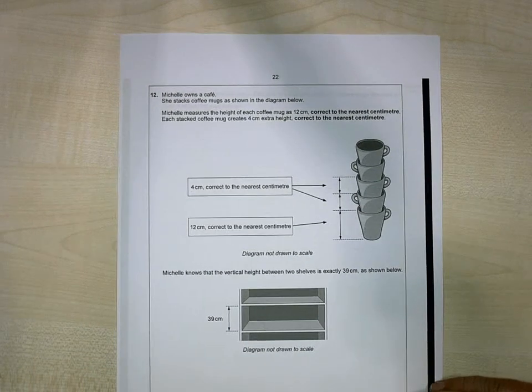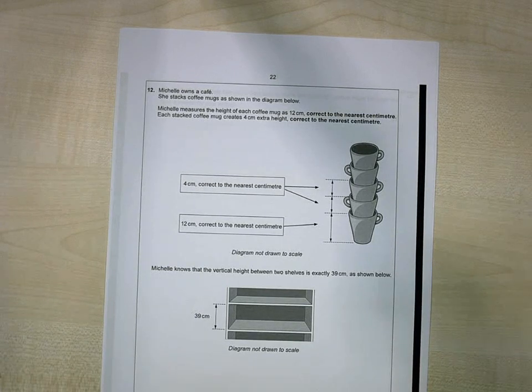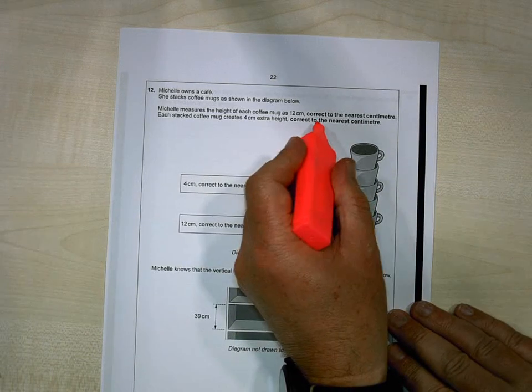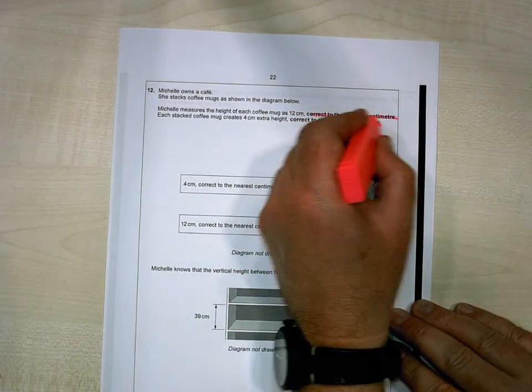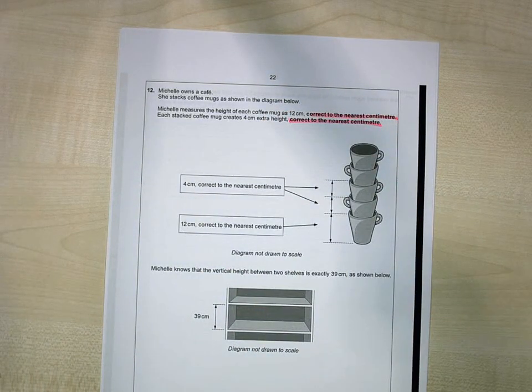Question 12. This is another one of those questions, just like the last one, where if it looks too easy, it probably is. You're probably oversimplifying it. The trigger with this, and they've even put it in bold here with these questions, is that they're being rounded correct to the nearest centimetre. So it's an error bounds question. Michelle owns a cafe.